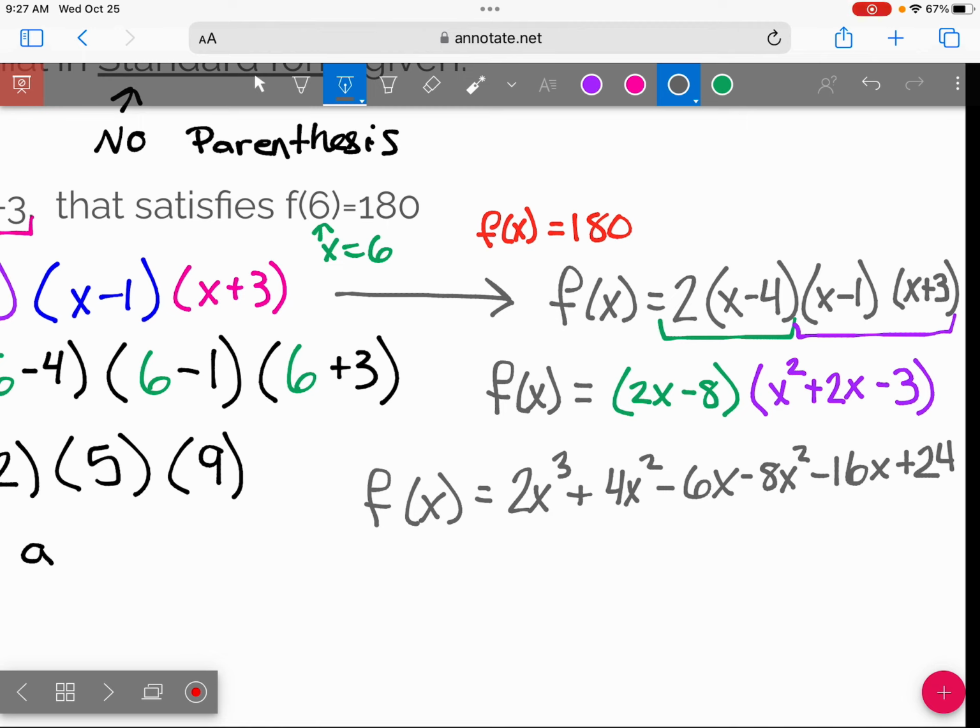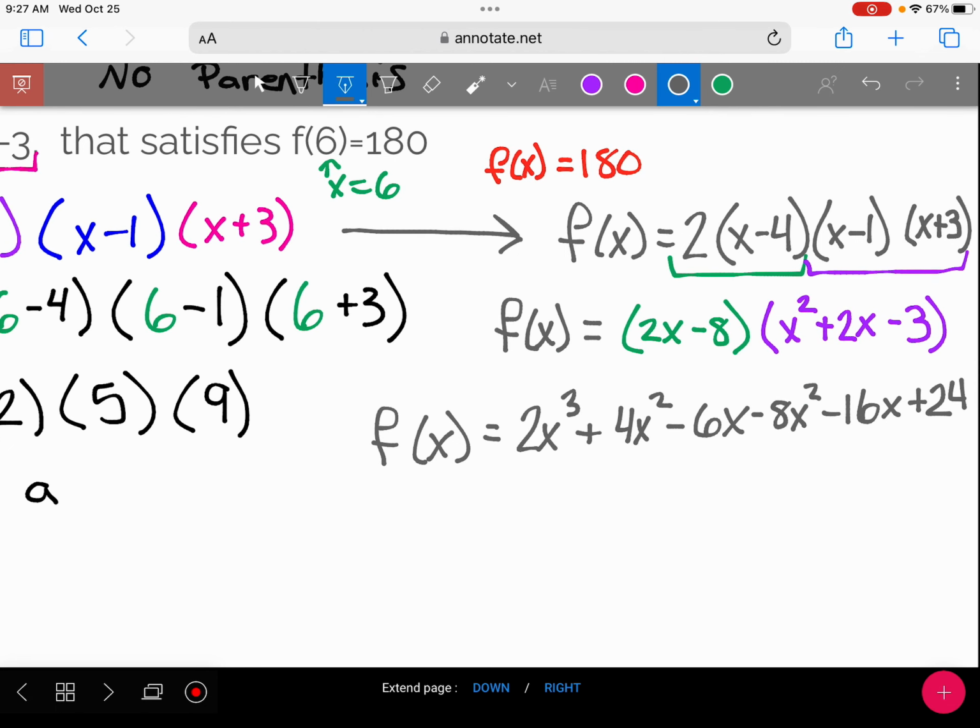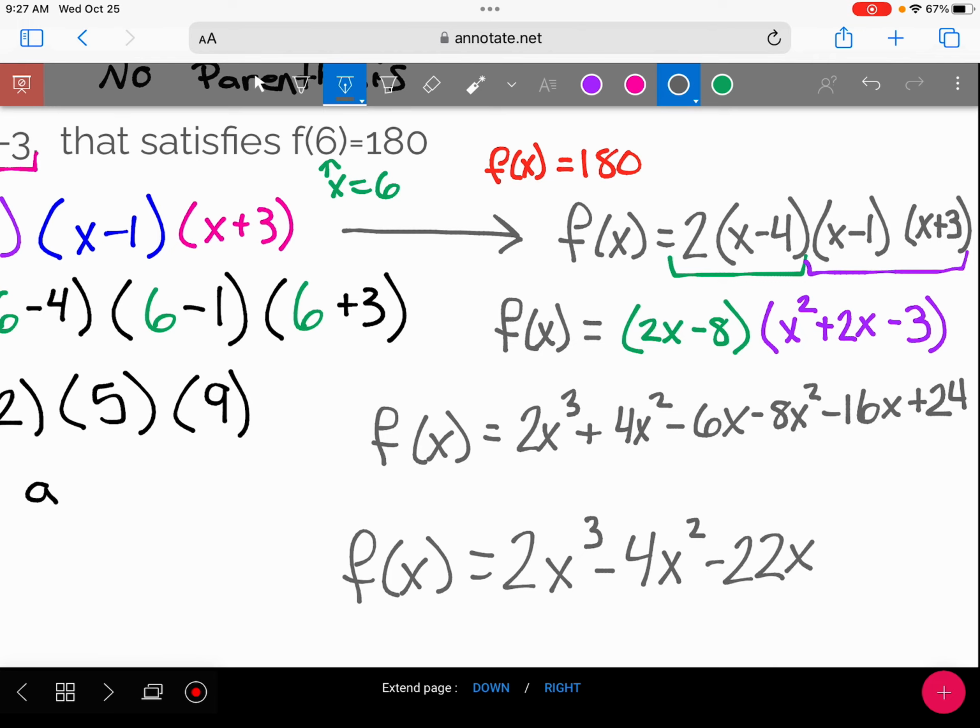And we're going to combine our like terms to get our polynomial function rule. F of x is what? What do we get? 2x cubed minus 4x squared minus 22x plus 24.